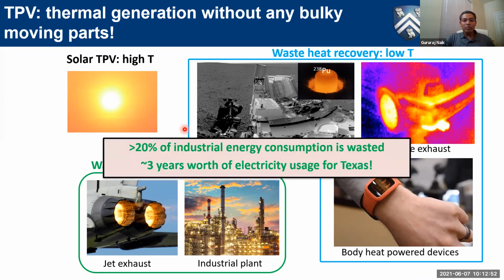And just from the data published by the Department of Energy, this is just to give you a perspective. About 20% of all the industrial energy consumption in the U.S. is wasted. Texas is a really big state, I think the second biggest or maybe the biggest state of the U.S. Sorry for my poor geography, but just to give you a perspective, for this big state of Texas, this wasted energy is 3 years worth of electricity in the state. That's how much energy is wasted each year, and this is just the energy that is accounted for from the grid.